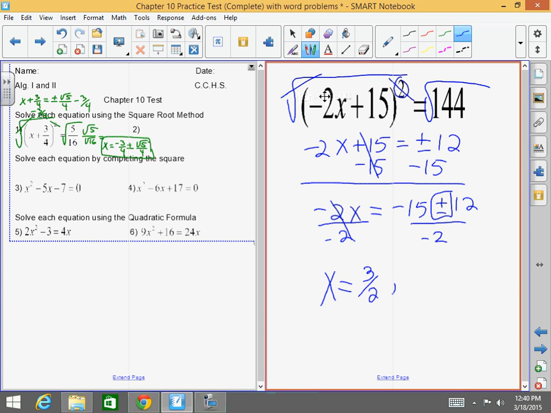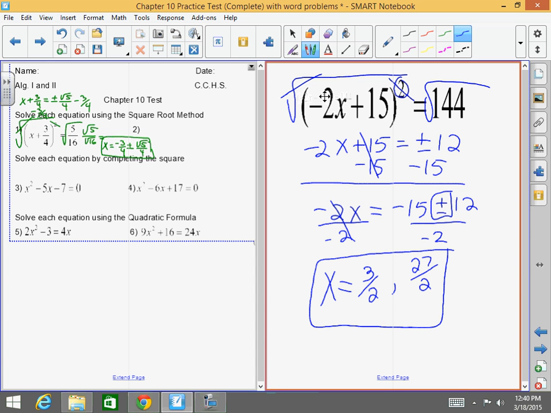Negative 15 minus 12, which is negative 27 over negative 2, which is positive 27/2. If you want to turn them into a mixed number, you can. But that's my answer.